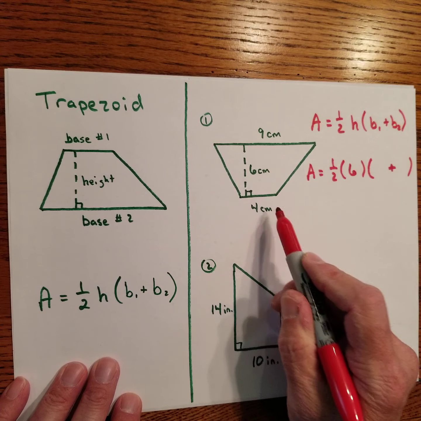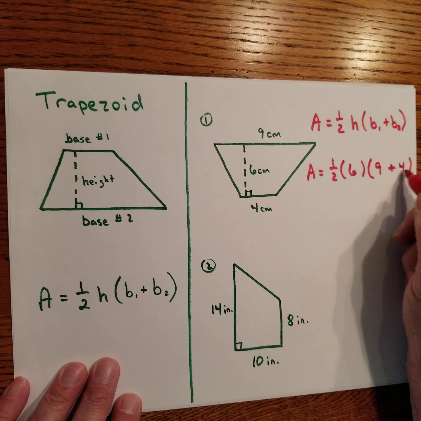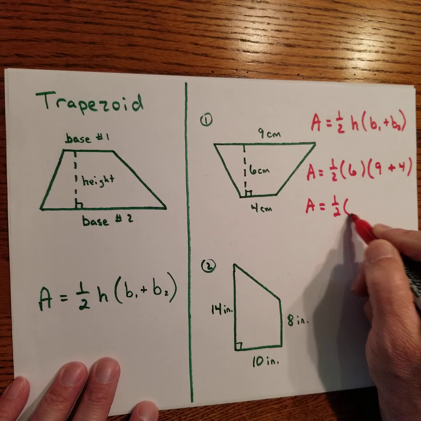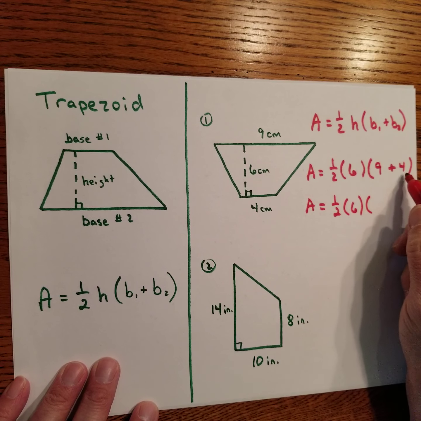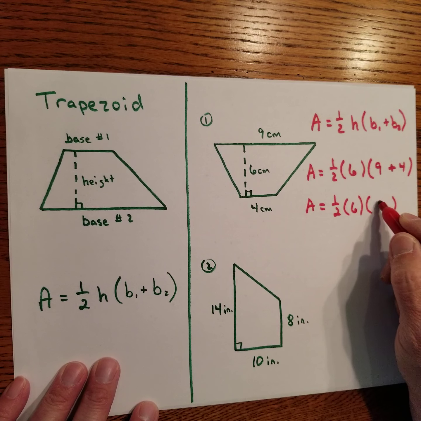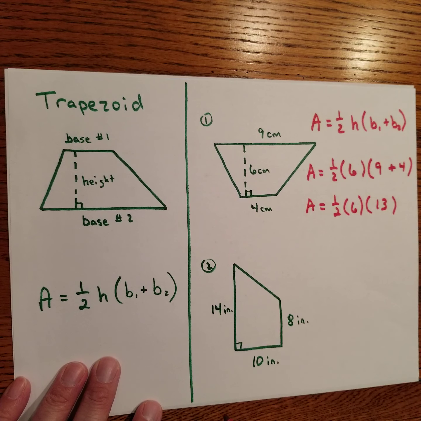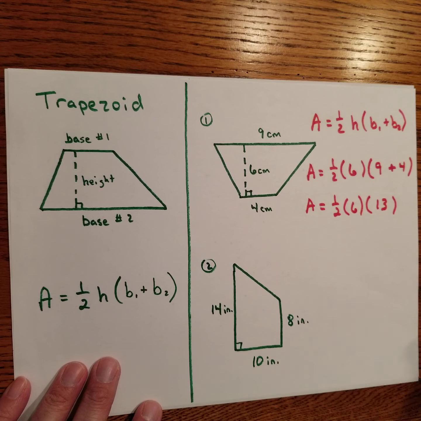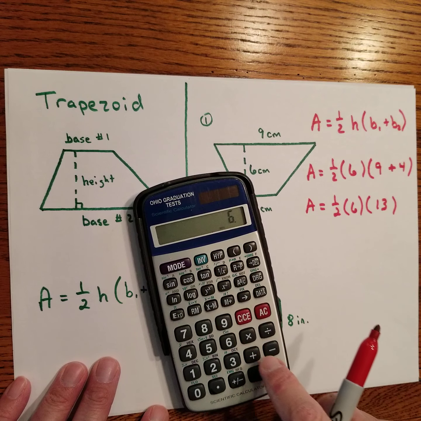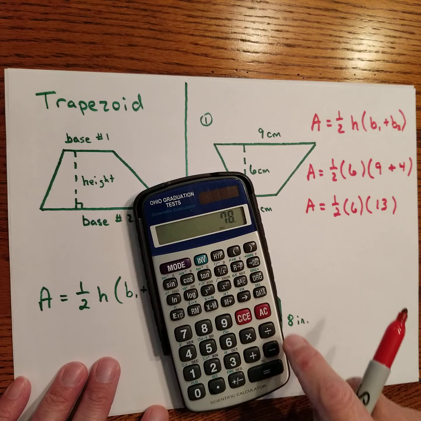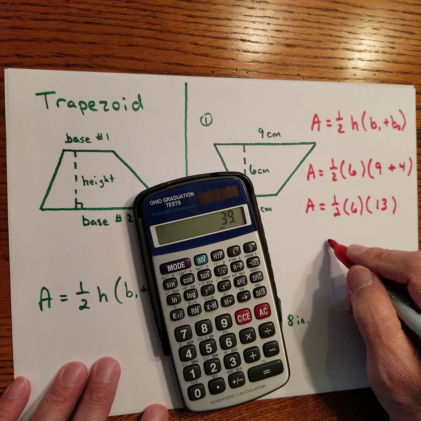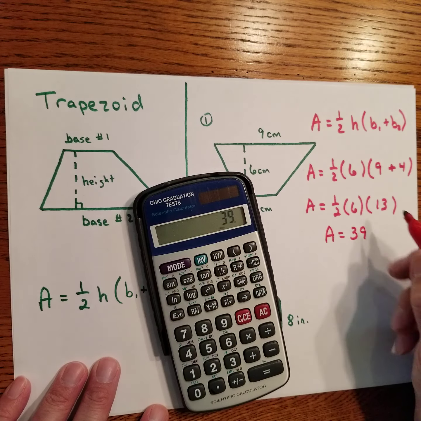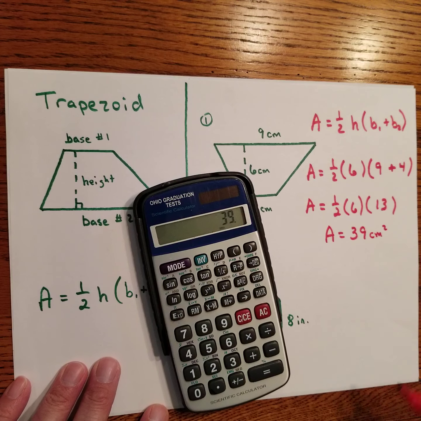That's the 9 and the 4. Let's add inside this set of parentheses. 9 plus 4 is 13. Now on a calculator, it's 6 times 13 divided by 2. Let's try it. 6 times 13 divided by 2 is 39. The area of that trapezoid is 39. This was in centimeters, so that is 39 square centimeters.